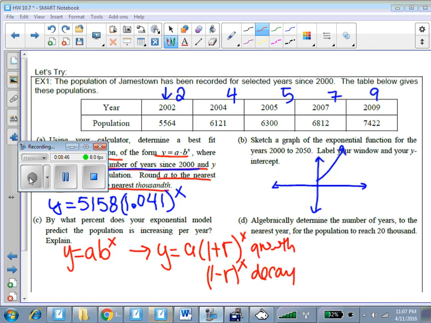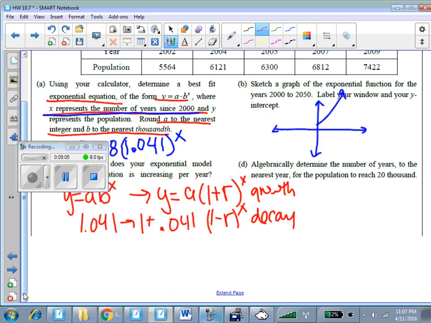So we have to be careful. This is clearly growth since it's 1.041. That means that the number 1 was added to some percentage. So 1.041 means it was 1 plus 0.041, which tells us that our rate is right here. So 0.041 is approximately 4.1%.